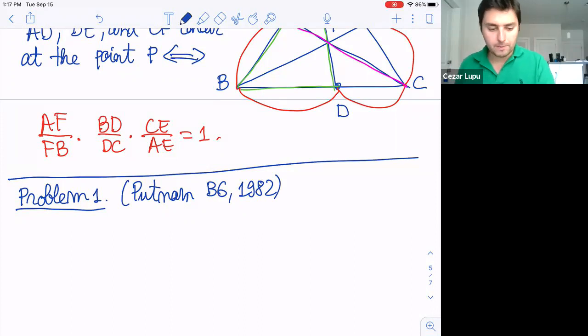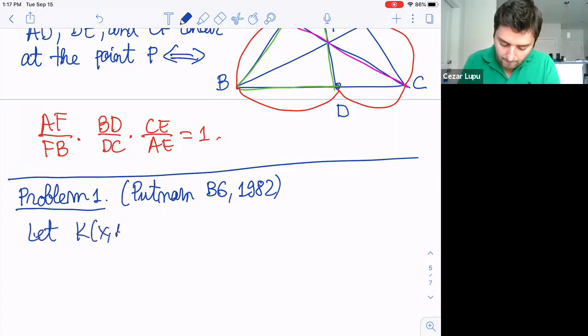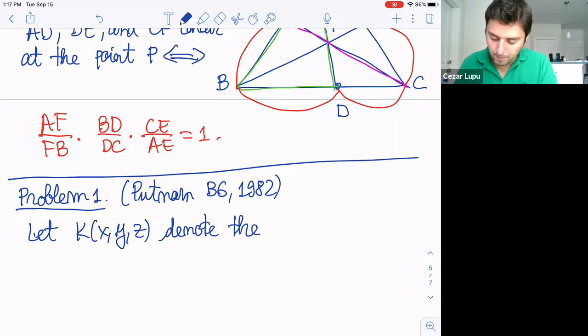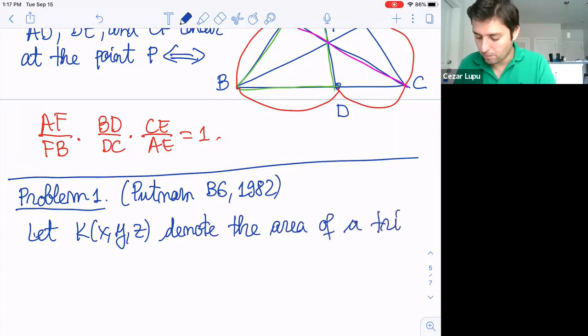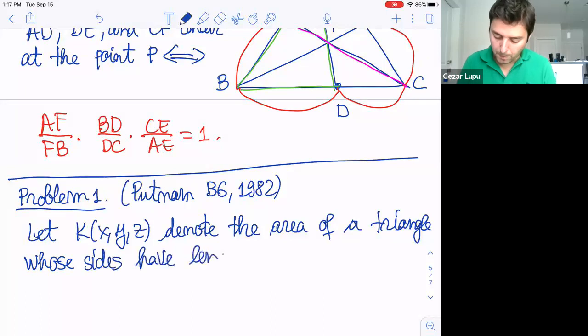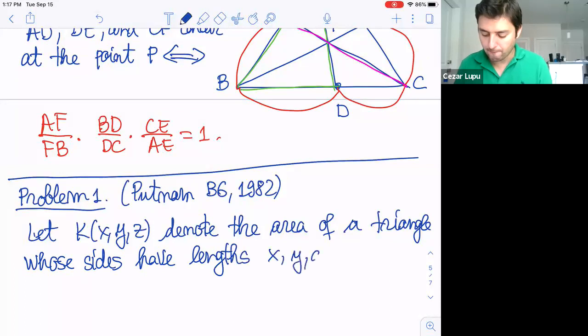Let K of X, Y, Z denote the area of a triangle whose sides have lengths X, Y, and Z.